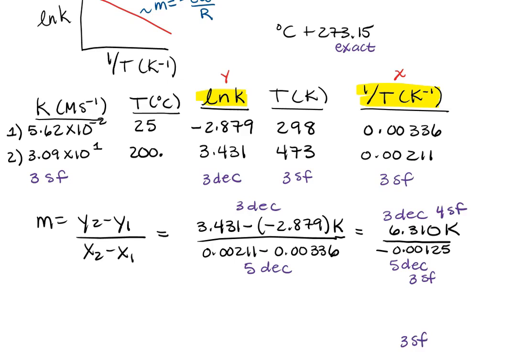So when we do the math, we end up with negative 5.05 times 10 to the 3, and those units are Kelvin. Now I know the units seem a little bit strange, but once we finish that calculation, because this is not Ea, right? We have that one more step we need to do, then you'll see that the units work out.